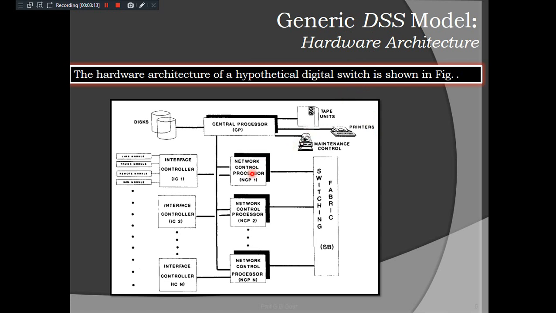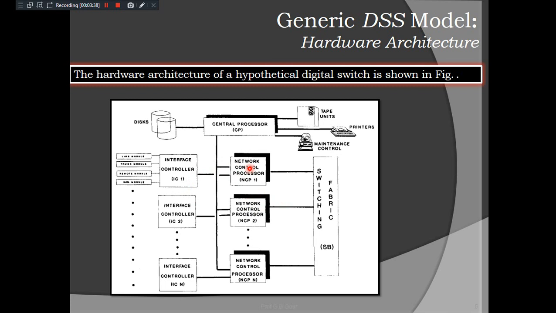In that case you are supposed to draw this diagram, brief about this, and explain at each level what things are there. We are going to look at each of the levels here.